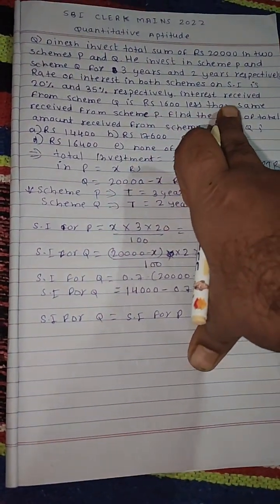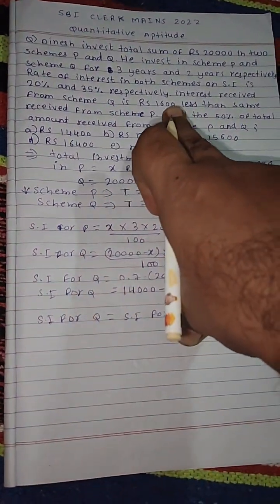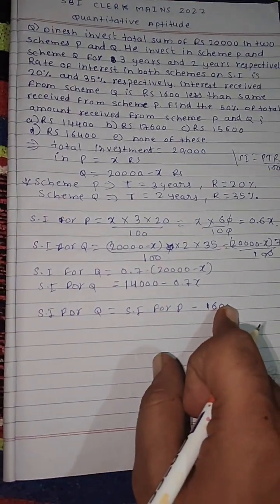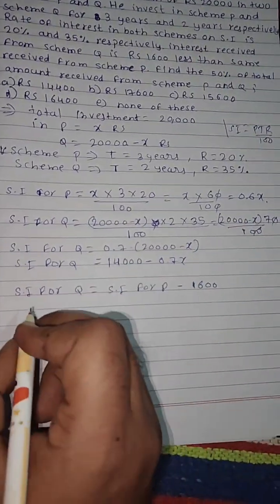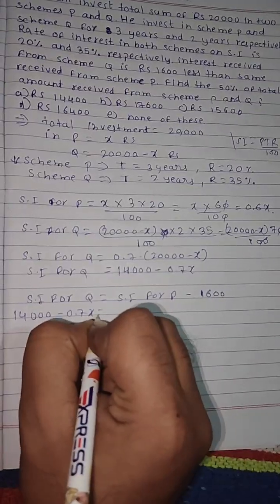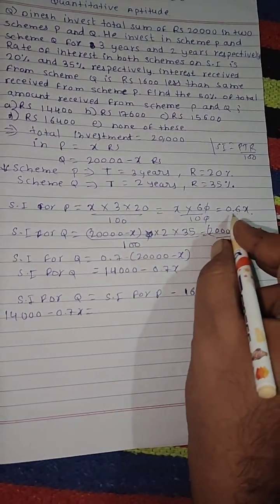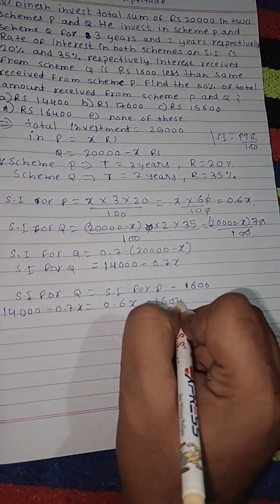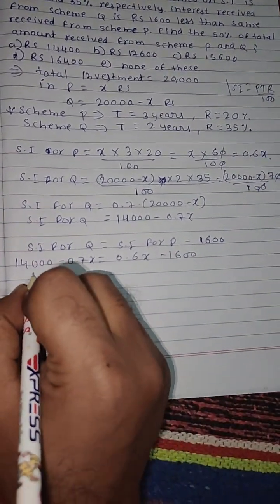So the simple interest for Q is 14,000 minus 0.7X, and for P we have found it is 0.6X, minus 1600. So we will take X on one side and constants on the other side.